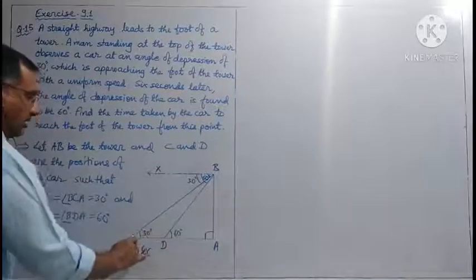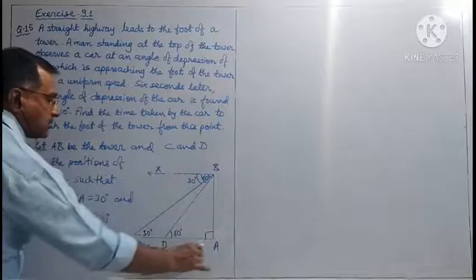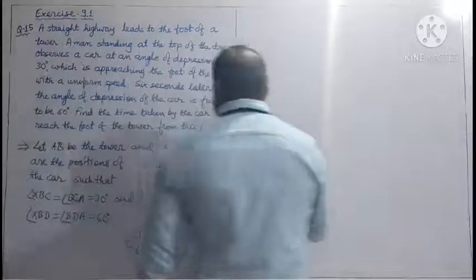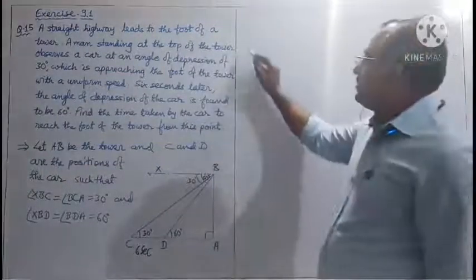Here 30 degrees and here 60 degrees, they are alternate angles.